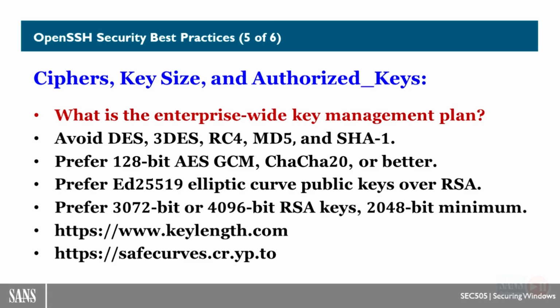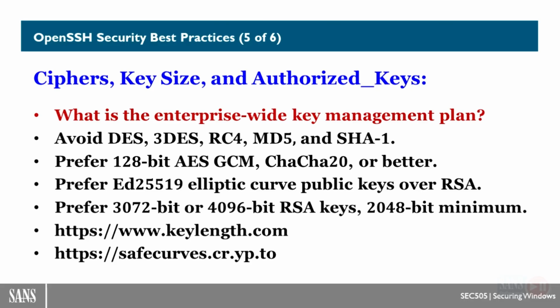For example, we want to avoid DES, triple DES, RC4, MD5, and SHA1. In general, prefer 128-bit or larger keys, like AES Galois counter mode keys. And instead of AES, you could use ChaCha20. For example, that's what's built into the Chrome browser. You get a little bit better performance too.